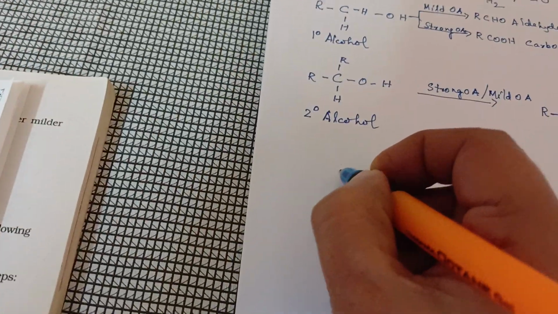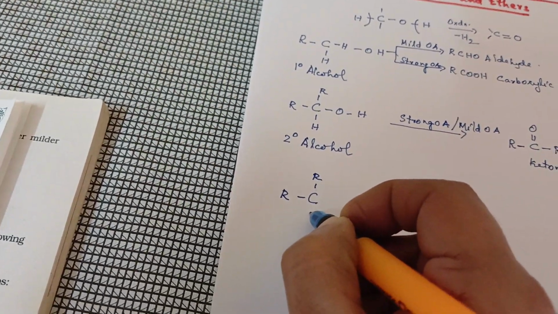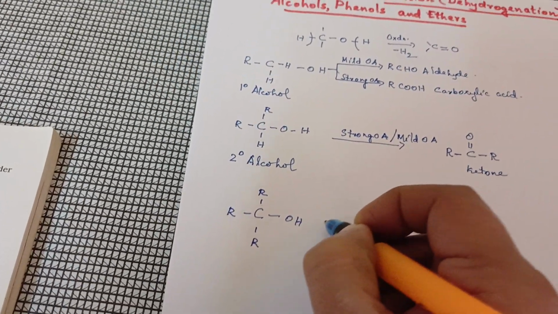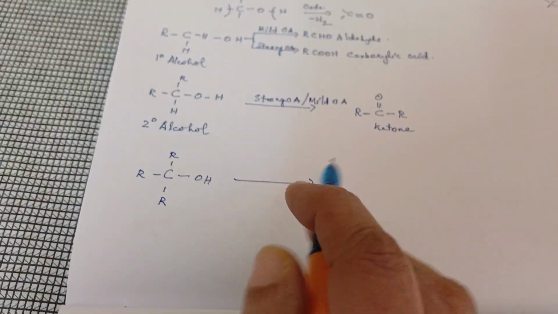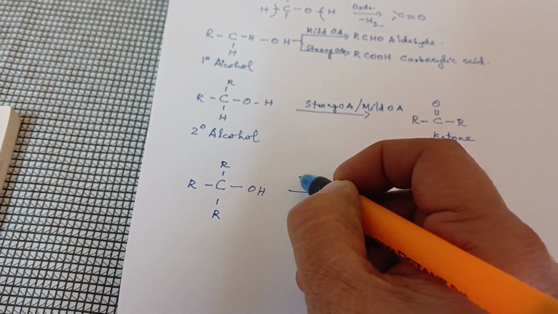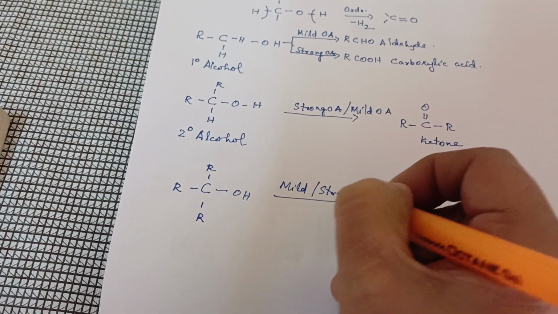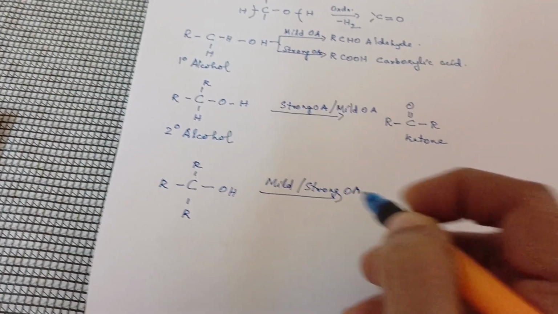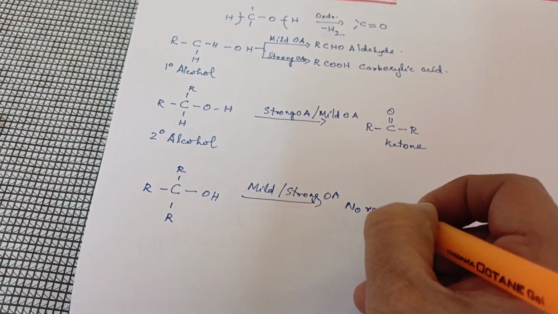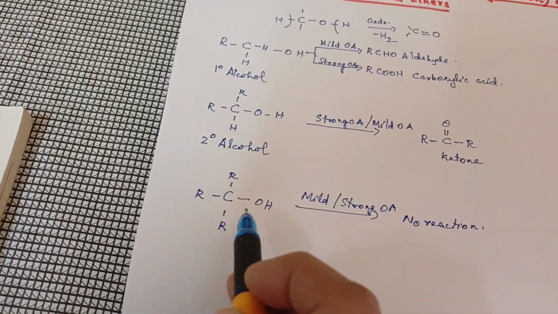Now if we are oxidizing a tertiary alcohol, you have OH here, and you are using a mild or strong oxidizing agent, there won't be any reaction, because you can see here there are no alpha hydrogens on it.